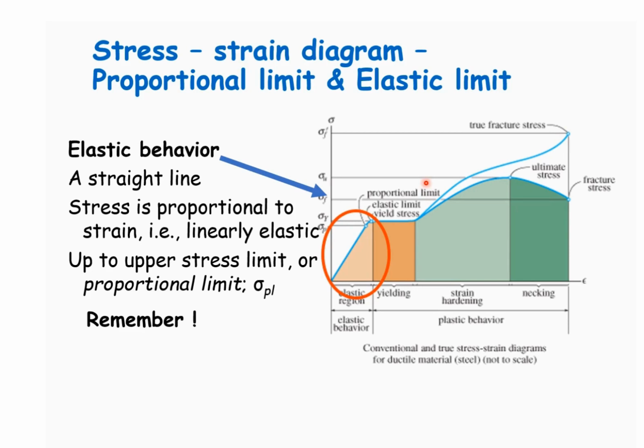Beyond the proportional limit is the elastic limit, and up to this point the material will remain perfectly elastic. If the load is removed before this limit, the material will certainly go back to its original shape.